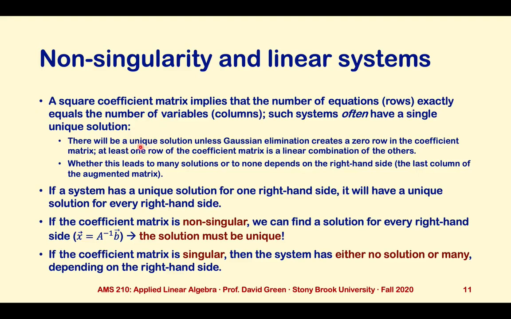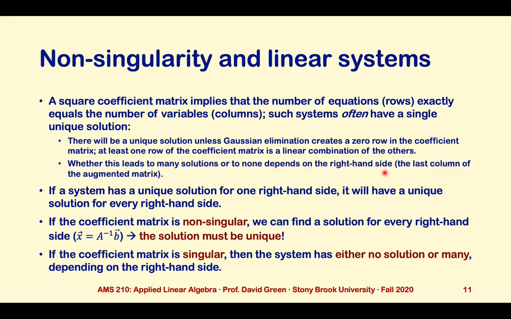Now, if we do have a zero row in the coefficient matrix, we can't have a unique solution. Whether we will have many solutions or no solutions will depend absolutely on the right-hand side. Remember, if we were going through Gaussian elimination in the augmented matrix, if we have a zero row in the coefficient block and a non-zero in the right-hand side, there's no solution.